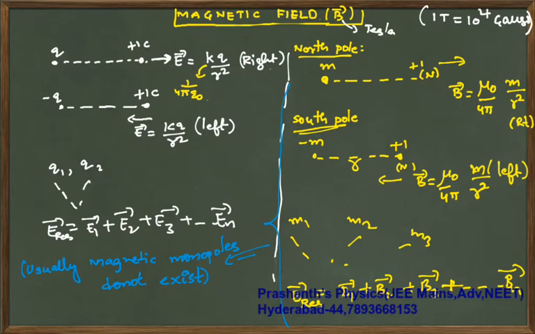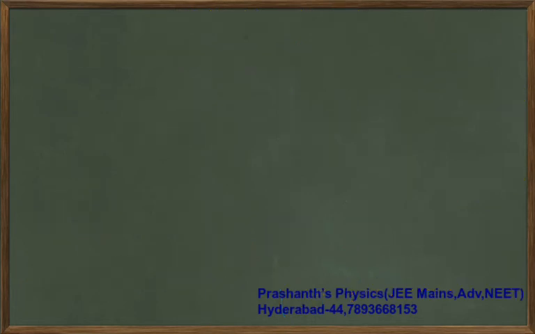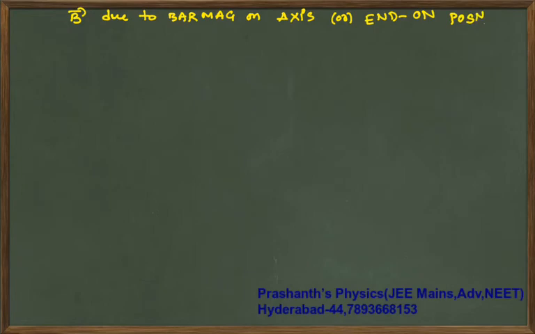I am continuing further. Your next one is your magnetic field due to a bar magnet on the axis, the end on position.